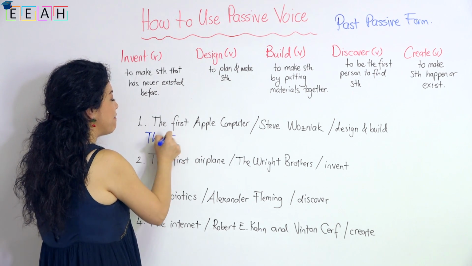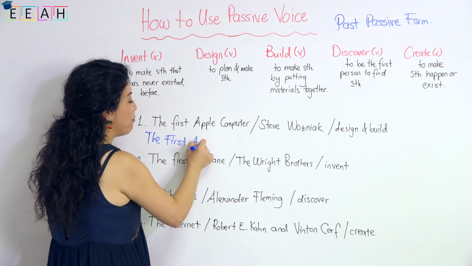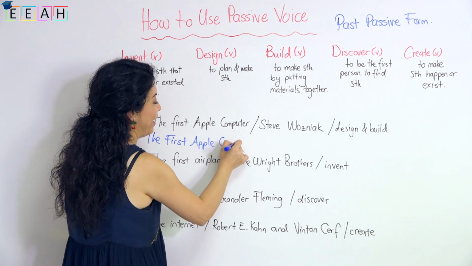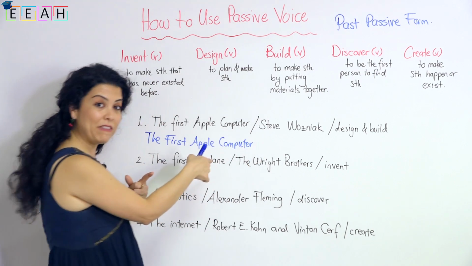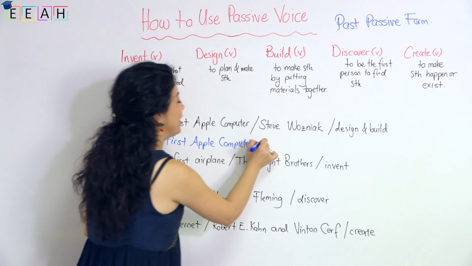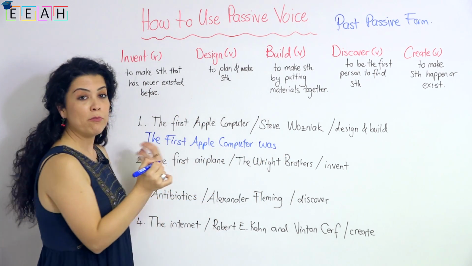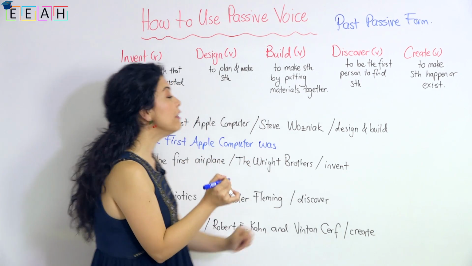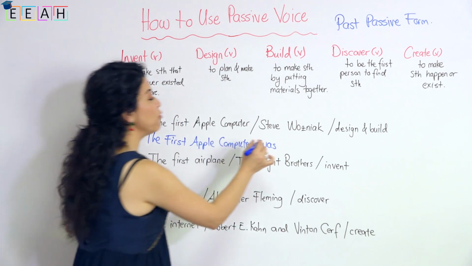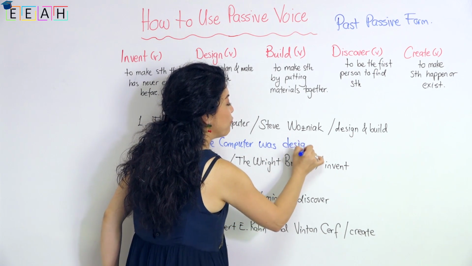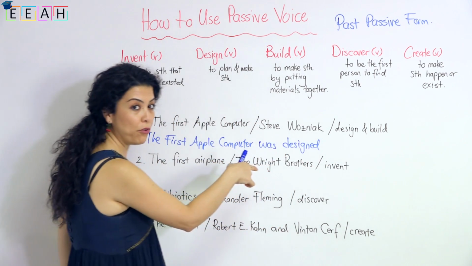The first Apple computer. Yes. Because this is singular, I need to say was. Okay. And what's our verb here? Design and build. Okay. So the first Apple computer was designed. Remember the past participle form of the verb?